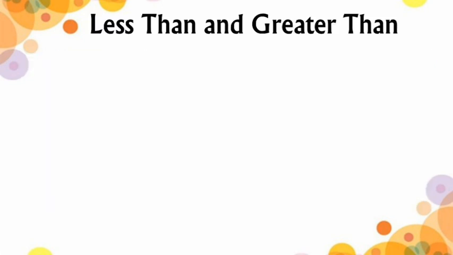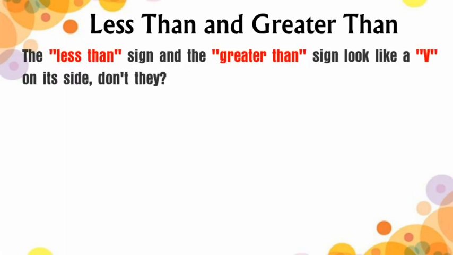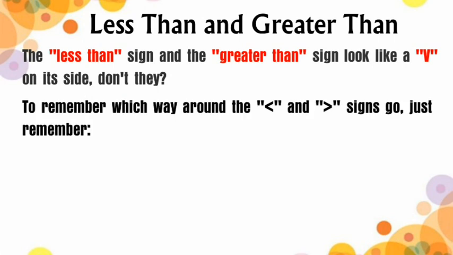Less than and greater than. The less than sign and the greater than sign look like a V on each side, don't they? To remember which way around the less than and greater than signs go, students, remember when you try to find the big number, the mouth of greater than should be open for the big number.